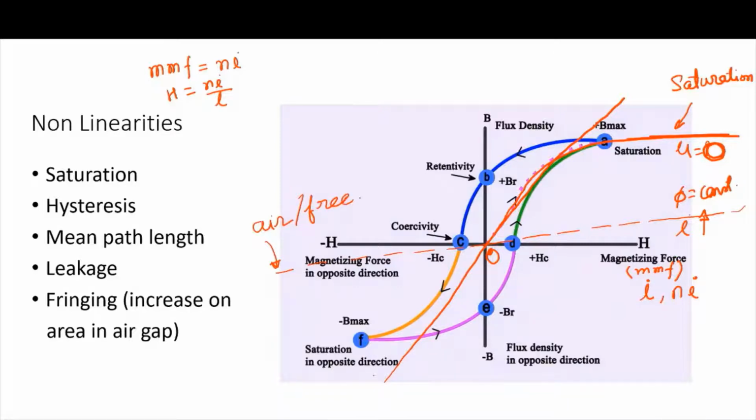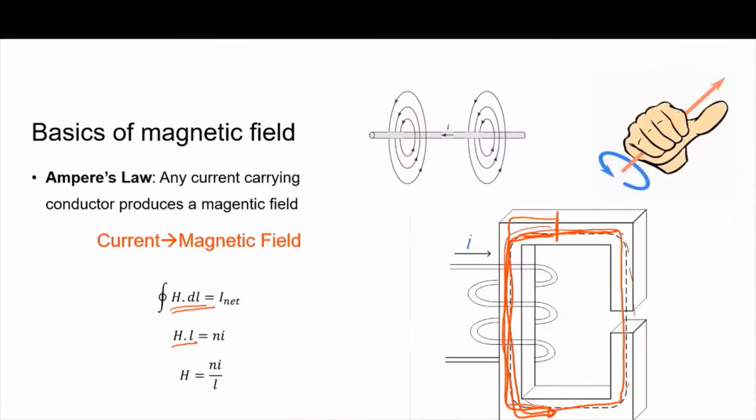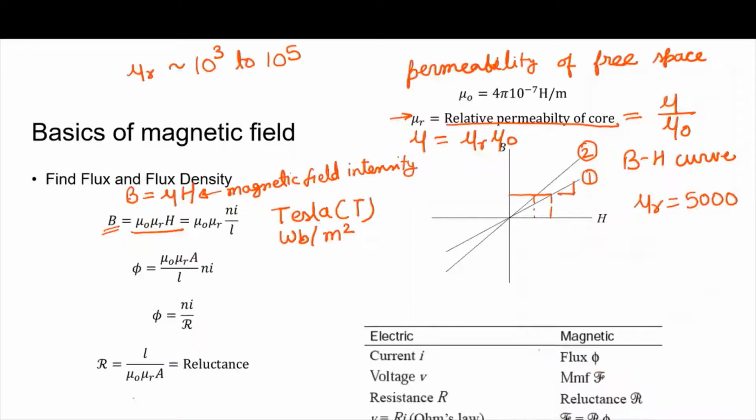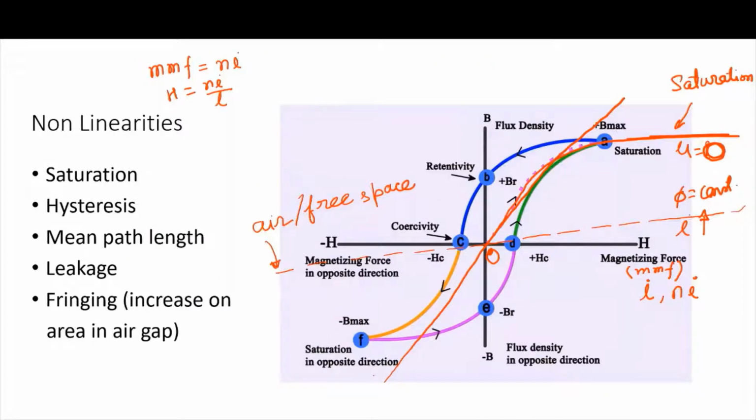That is why we had the air gap in that first figure, if you remember. It will help reduce the saturation. Even if the core is saturated, the air gap will not be saturated, so you will produce some flux density if you provide some current.